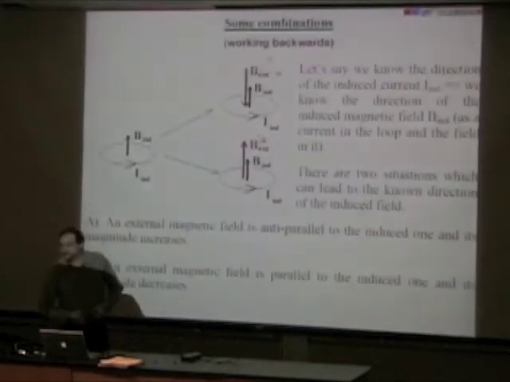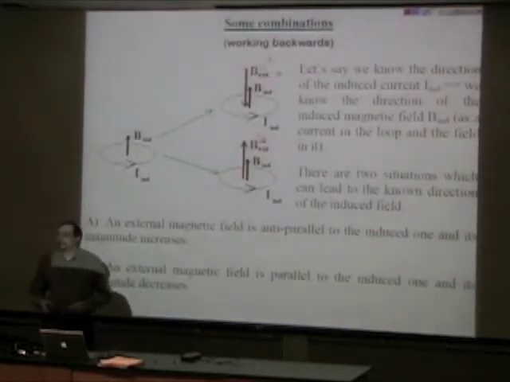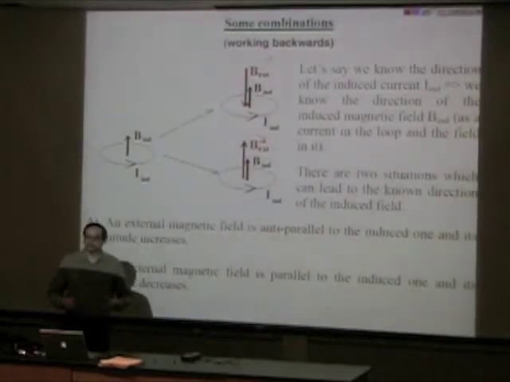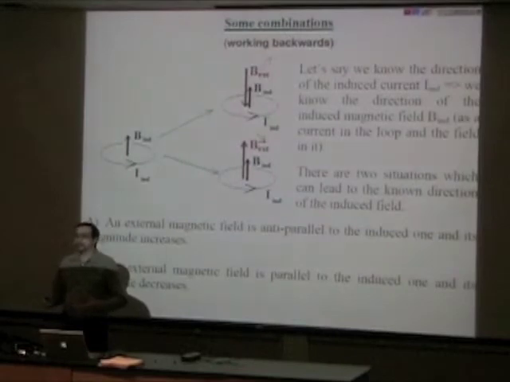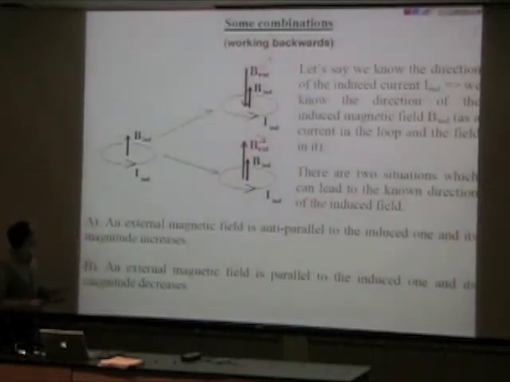Another situation is when we know the direction of the induced magnetic field and are looking for situations when it might happen. And in this case, we might have several possible answers. Two, more exactly.